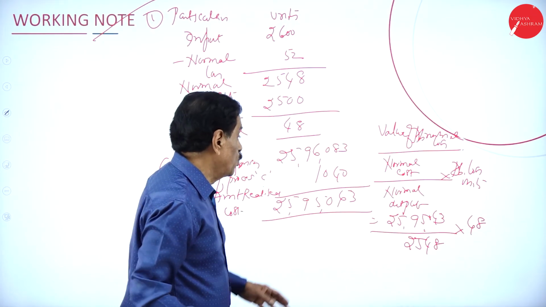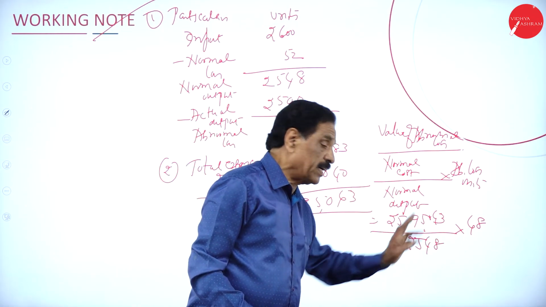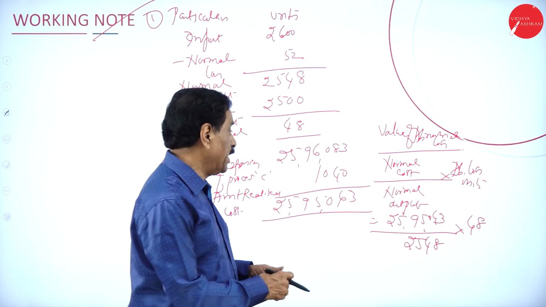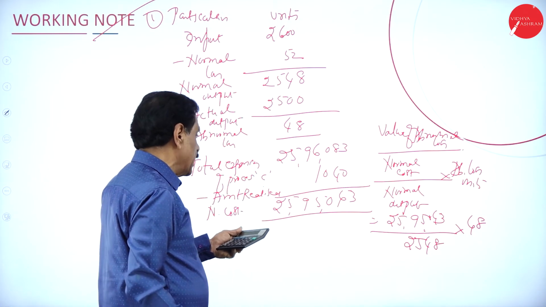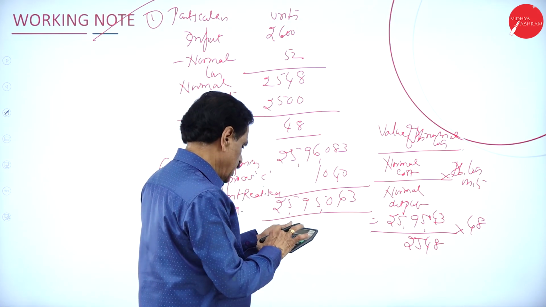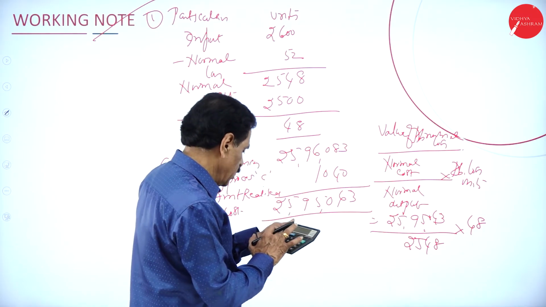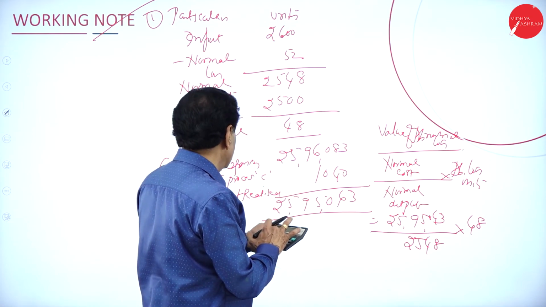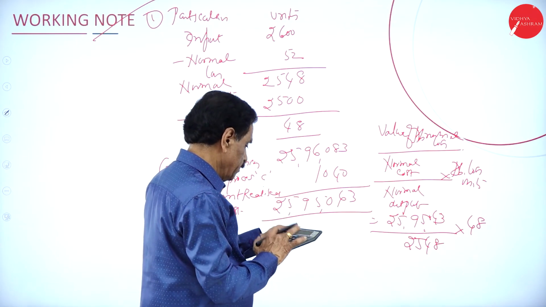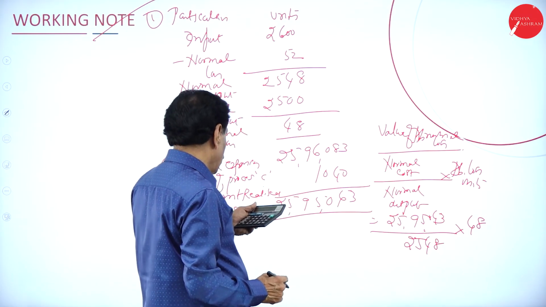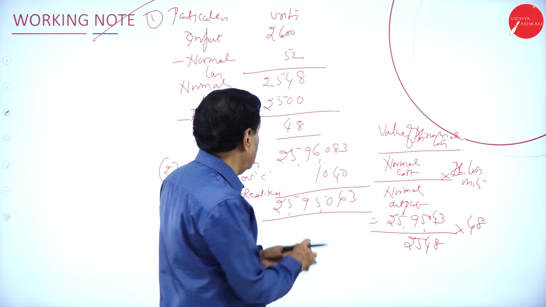So 25 lakh 95,043 divided by 2,548 into 48. So 48,886.